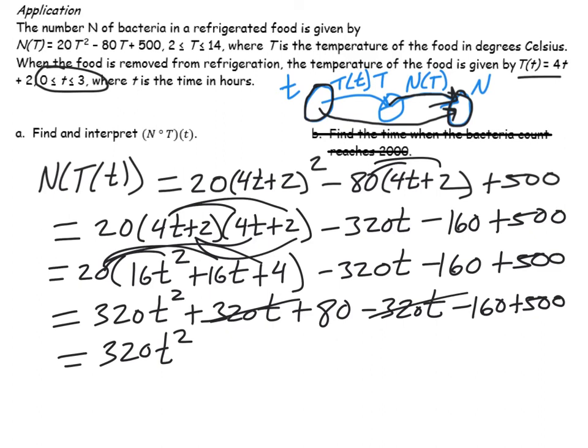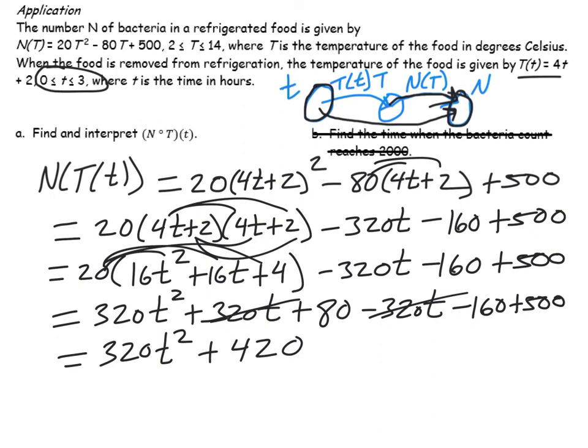Then we've got the constants with 80 minus 160 minus 500, which I believe would be negative 420. So there it is. We've got 320t squared minus 420. And that would be our composition of the two functions.